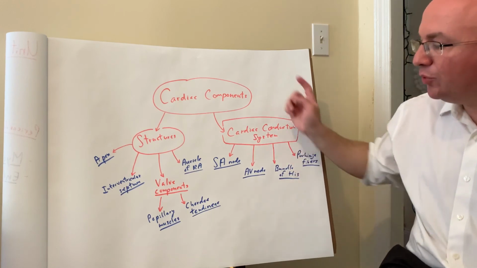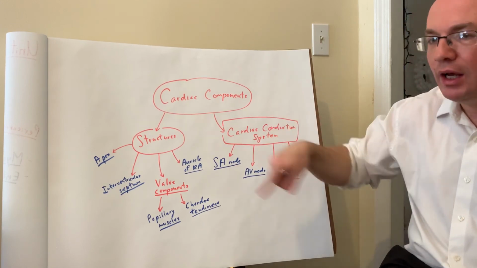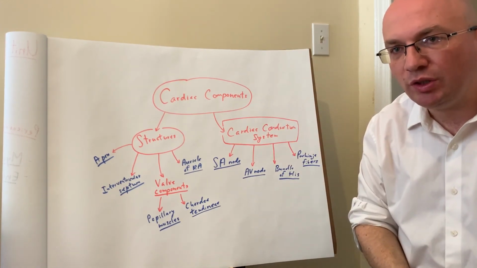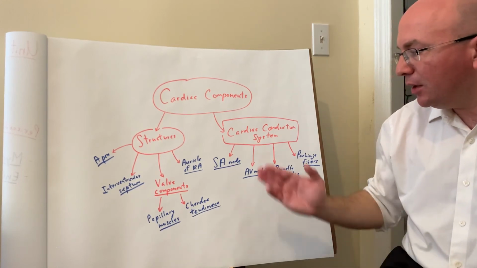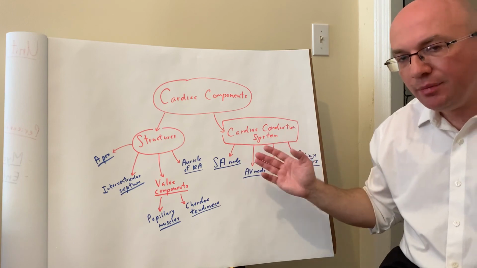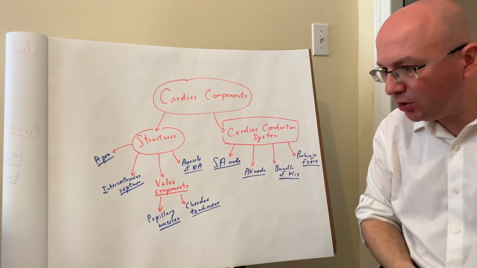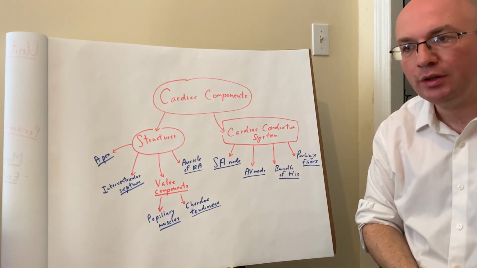And after that, we restart from the beginning: SA node, AV node, bundle of His, Purkinje fibers, and on like that. In order to see this, you would use an EKG. You don't need to interpret EKGs now, but keep in mind that in the book, we do have an illustration of this. You can see where these different cells are located and how this electrical conduction is transmitted.